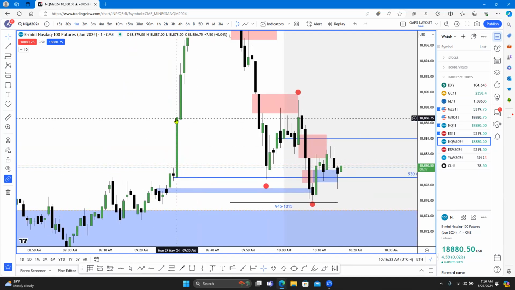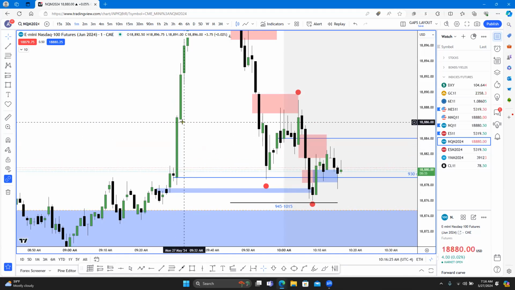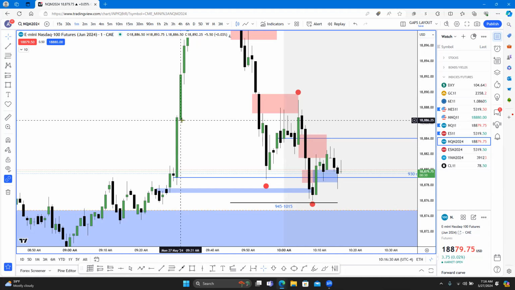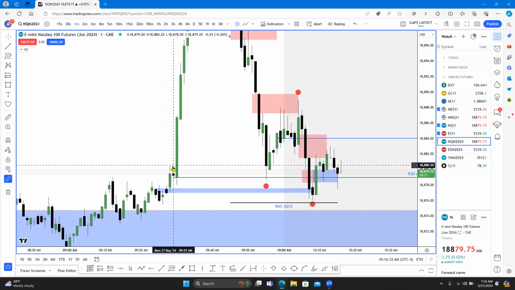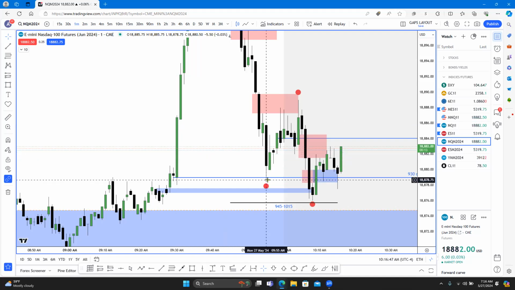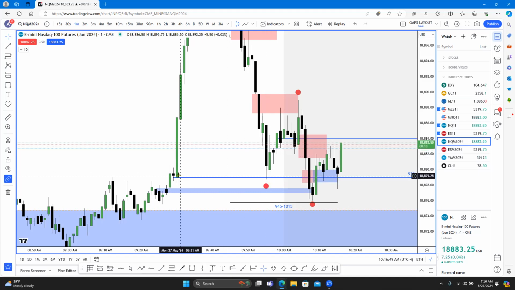This one? 9:30 candle tapped into and flew. That's the open.